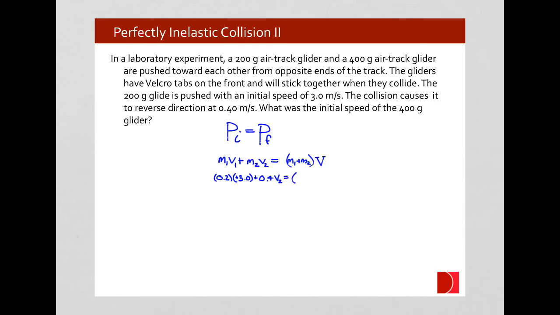And we know that the mass of the conglomeration of the two will be 600 grams, and we know that it's moving to the left. We know it's moving to the left because it's the reverse direction of glider number 1, and it's moving at 0.4 meters per second. And to the left is why we put a negative sign there. And so we can simplify.